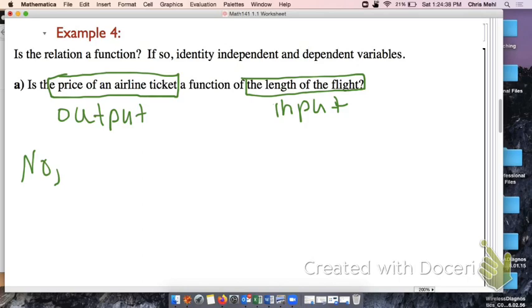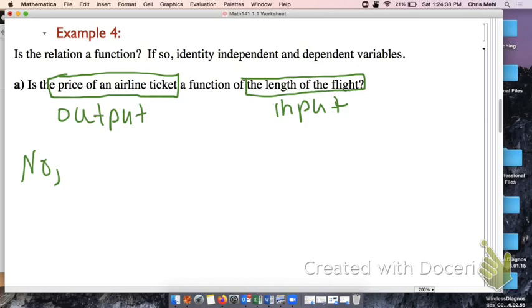One way is that a lot of planes have first class and, I forget what it's called, but we'll just say first class and standard seating. Of course, the flight would be the same length, but you're going to end up with two different ticket prices: a ticket price for first class, and a ticket price for standard seating. So you would say no.